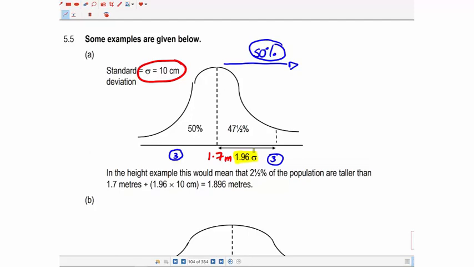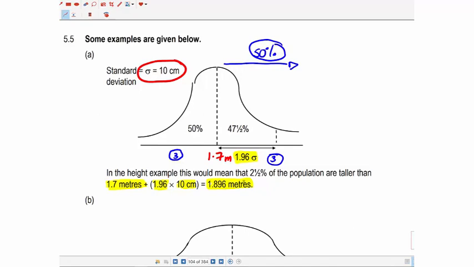Let's put that into context here then. So we said that the mean was 1.7 metres. The standard deviation is 10 centimetres. So we are basically wanting to establish the percentage of the population that are 1.96 standard deviations above the mean, or in other words, the percentage of the population that are taller than 1.896 metres.